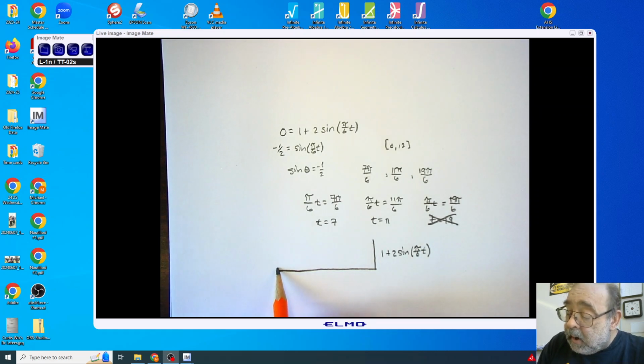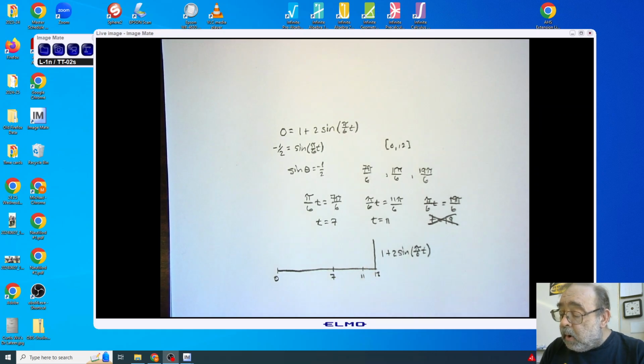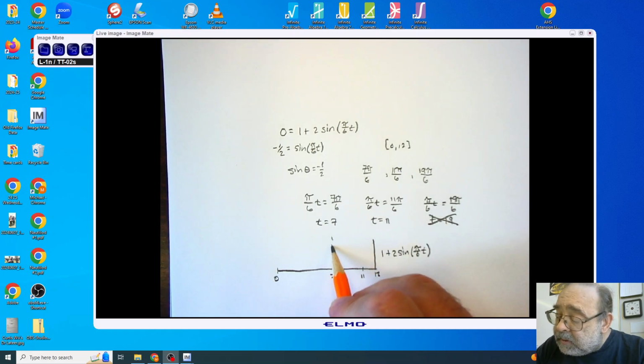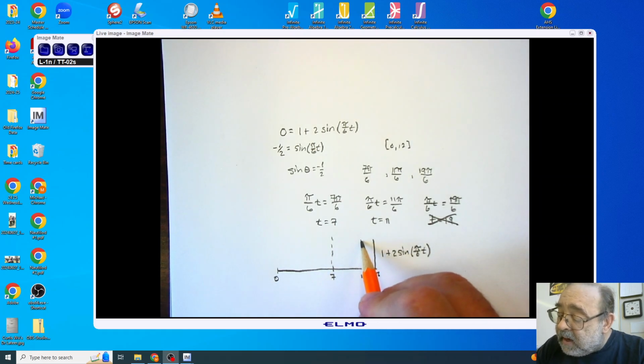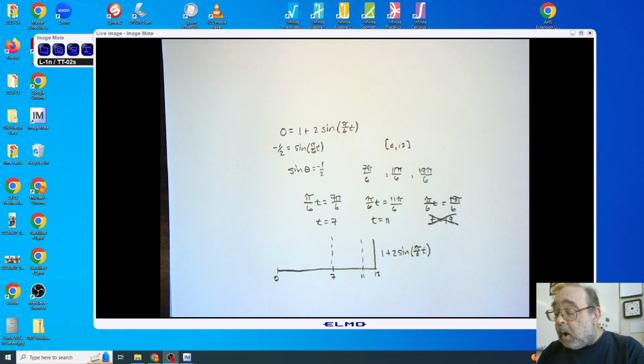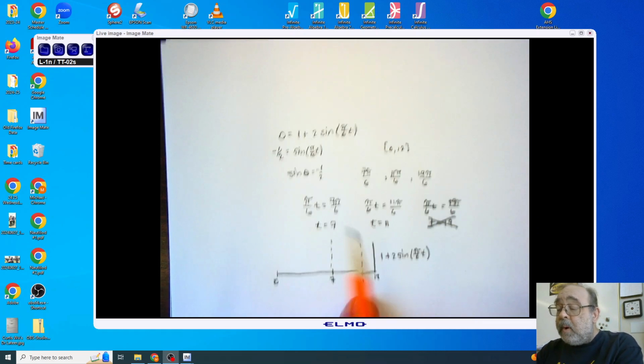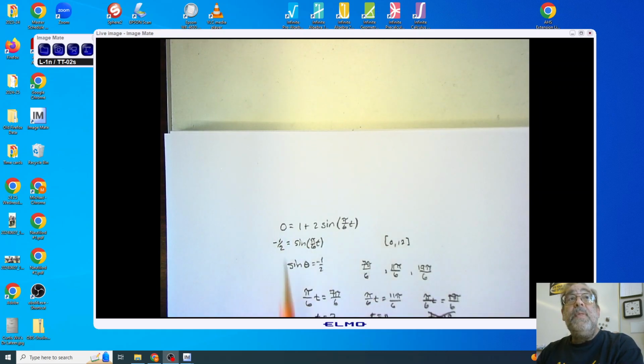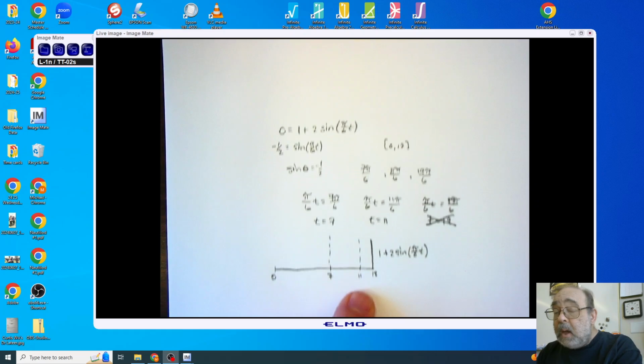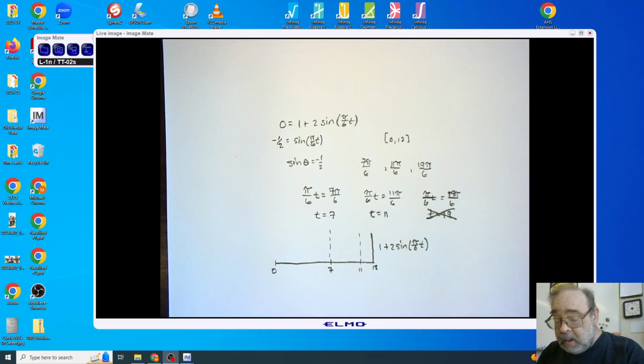I'm now going to start at 0 and 12. I'm going to locate 7, I'm going to locate 11, and I'm going to choose values that are in between these given values. After all, 7 and 11 are when we will have the velocity 0, there will be no movement, and we want positive or negative. So let's choose values that are reasonable.